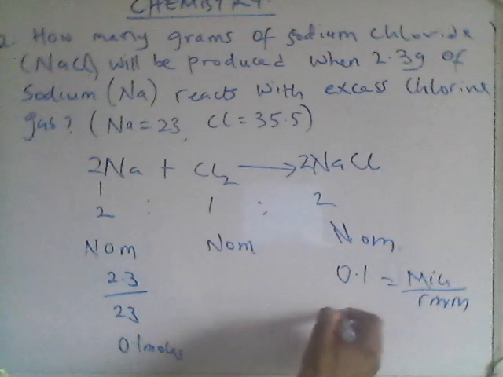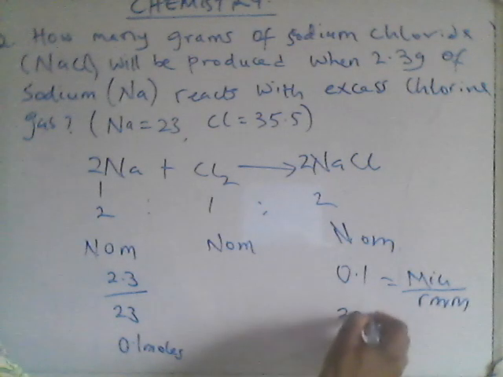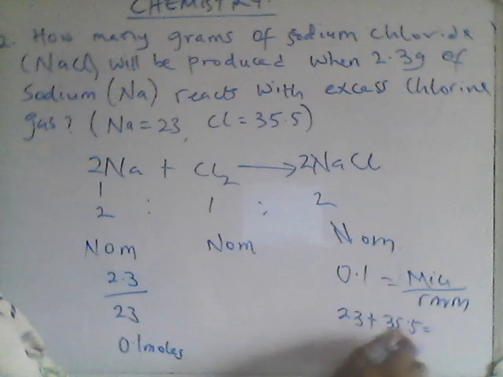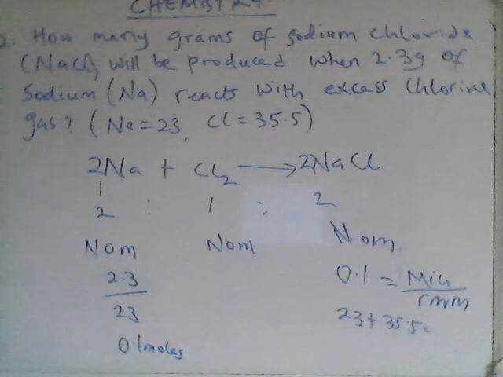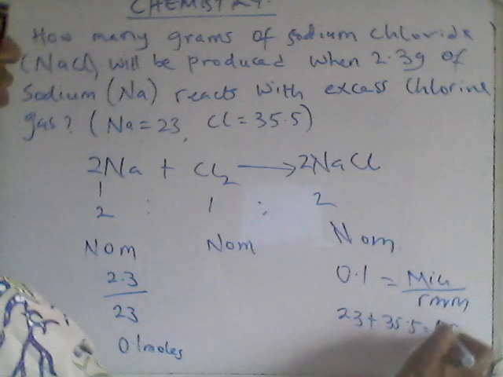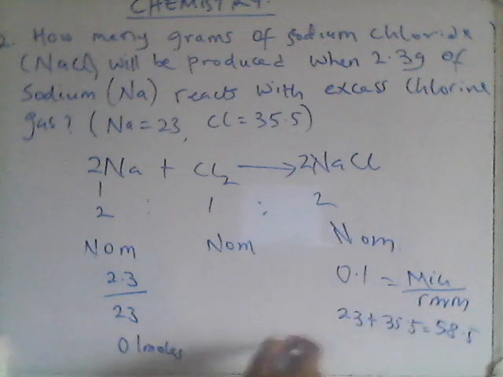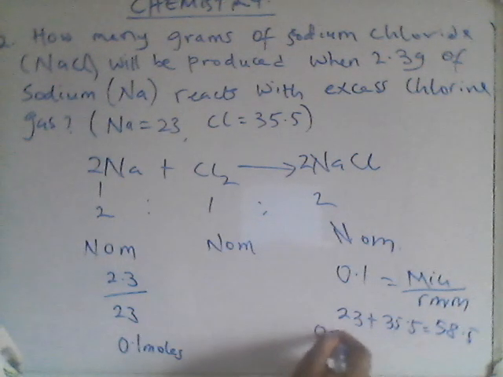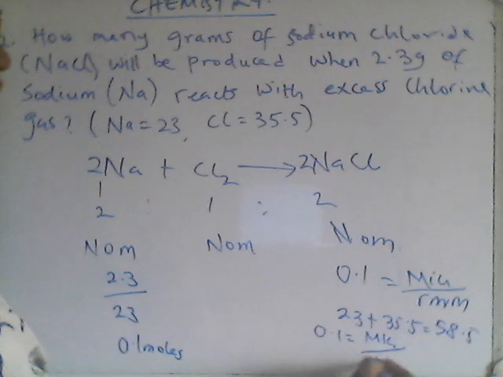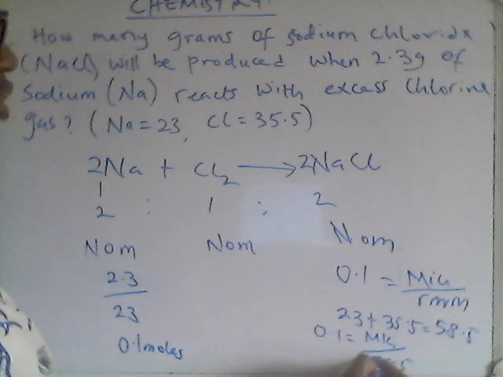Sodium is 23 plus 35.5, so the molar mass will give me 58.5. So I'm going to put it under there. This is 0.1 equals mass in gram over 58.5, the molar mass of sodium chloride.